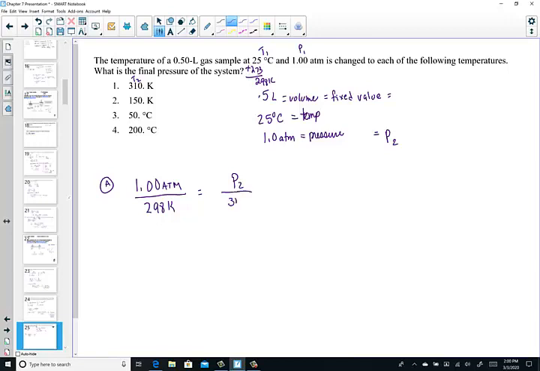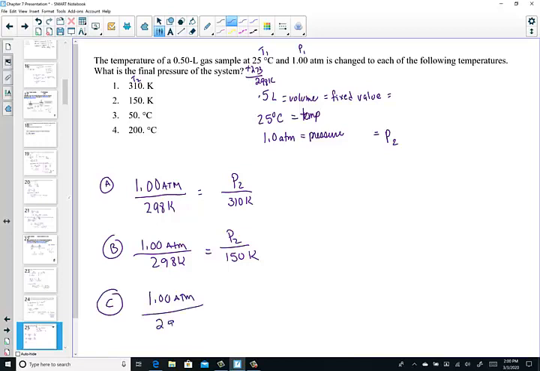And look, they've given us the Kelvin units. How nice. So again, 1.00 atmospheres over 298 Kelvin. We're going to pull out P2, and this time the temperature went to 150 Kelvin. 1.00 atmospheres set over 298 Kelvin. Looking for P2.